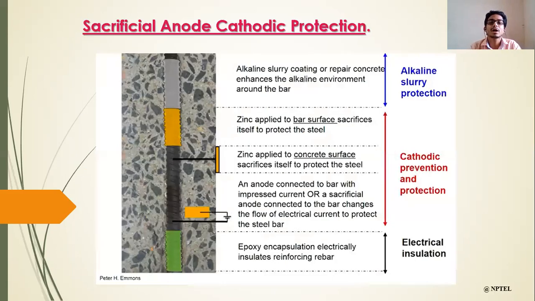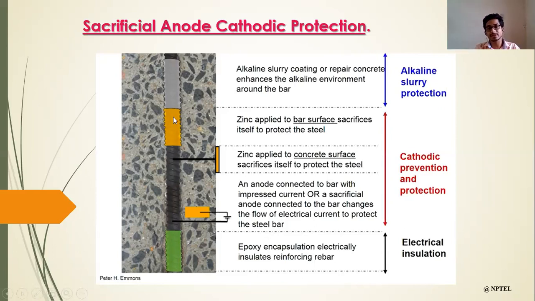Before going into that particular method, I want to explain very briefly the different mechanisms you can adopt for reducing or preventing corrosion in a reinforcing bar. You can see the picture here. This is a bar that has been embedded in the concrete.